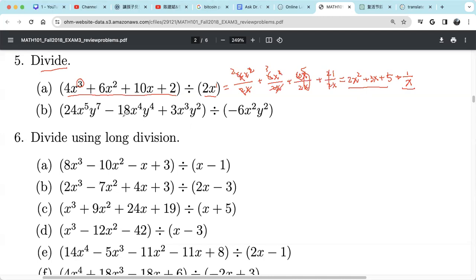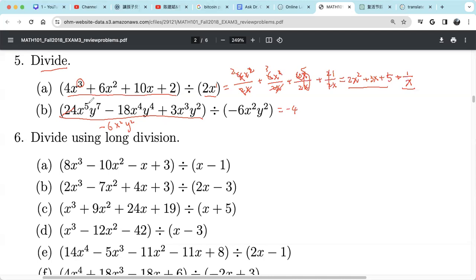So here, same thing. We could write a -6x squared y squared under this, so it's easier to see. The first term is divided by -6x squared y squared. 24 divided by -6, we get -4.